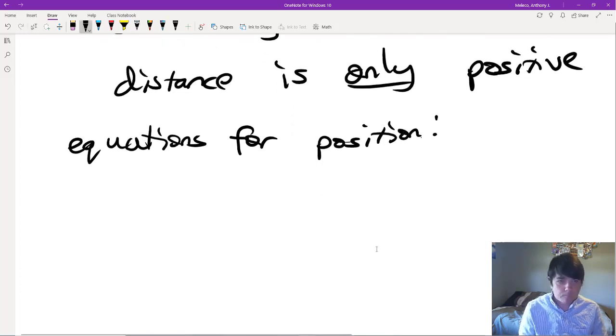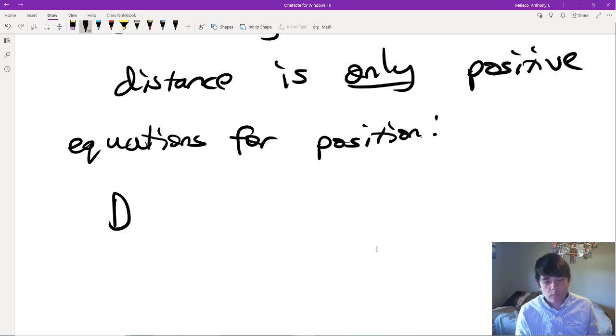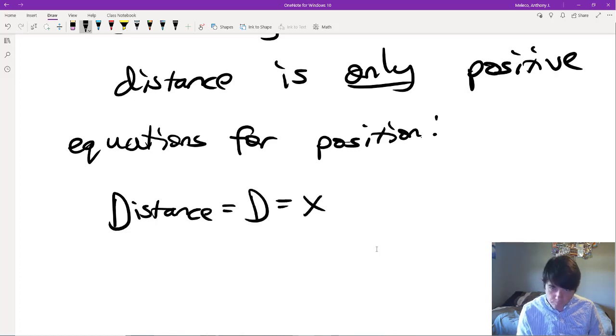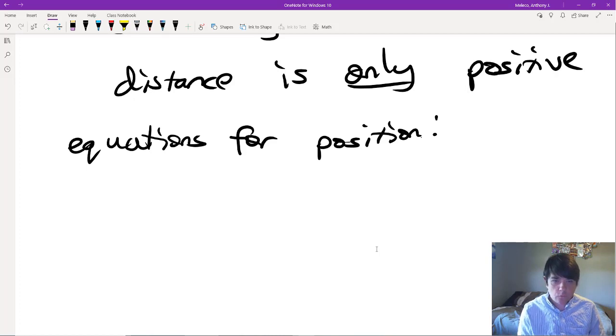We really only have the equations for position change. So actually I'll do displacement first.